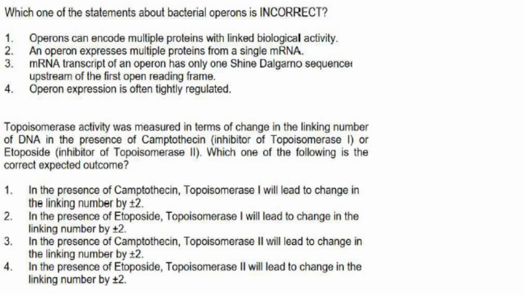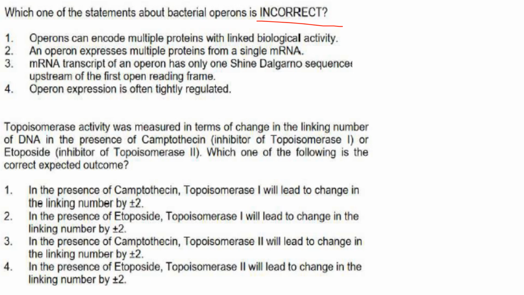Then next one. Which one of the following statements about bacterial operons is incorrect? Operons can encode multiple proteins with linked biological activity. Yes, multiple genes that are transcribed under a single promoter. That is an operon. An operon expresses multiple proteins from a single mRNA. That is also correct. mRNA transcript of an operon has only one Shine-Dalgarno sequence.